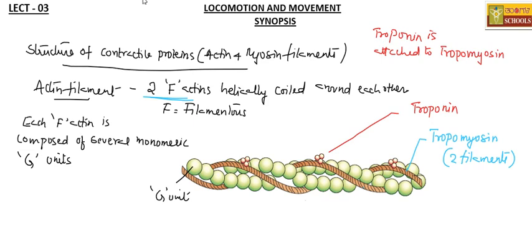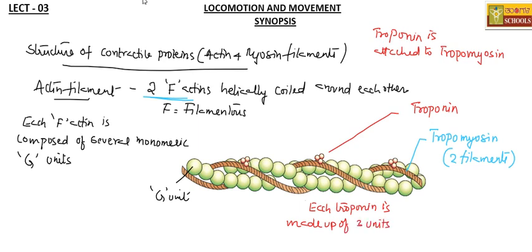Now this troponin is made up of three units. Each troponin is made up of three units.